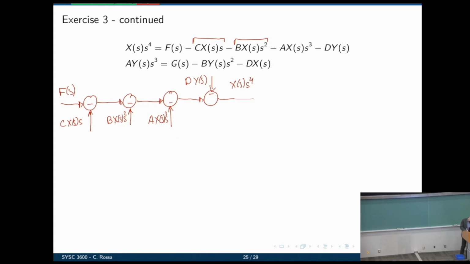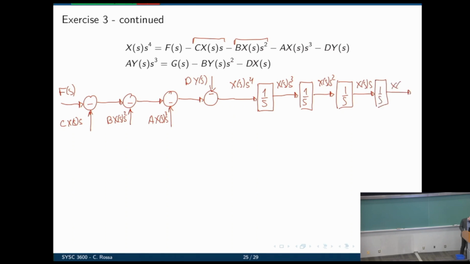Well, just multiply things by 1 over s. The result here is x of s times s to the power of 3. Third derivative, integrate once again. X of s, s squared. Integrate one more time. X of s times s, and a last time to get to x of s.